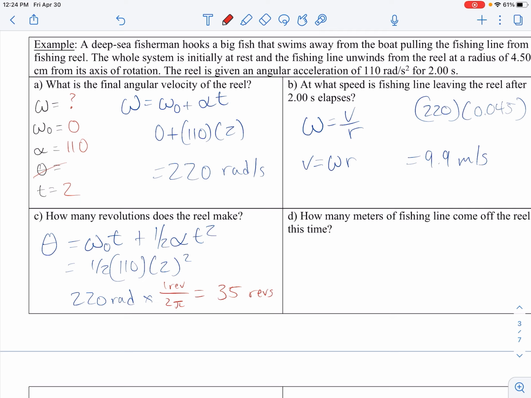All right, and then finally, how many meters of fishing line come off? This is where we get a little bit into the arc length.